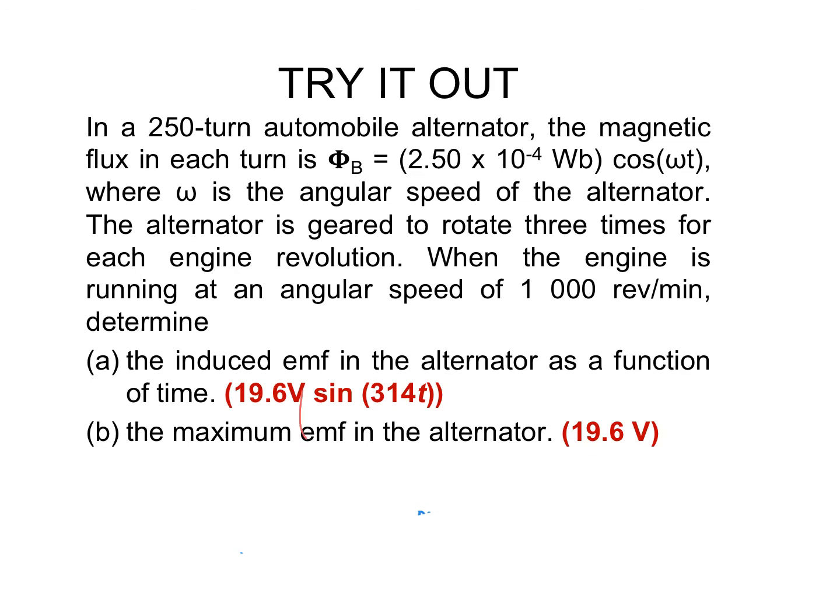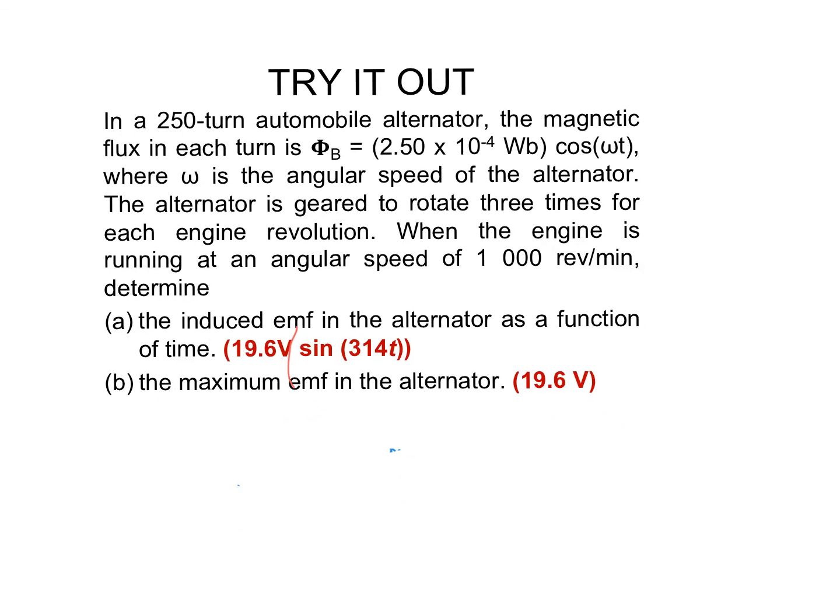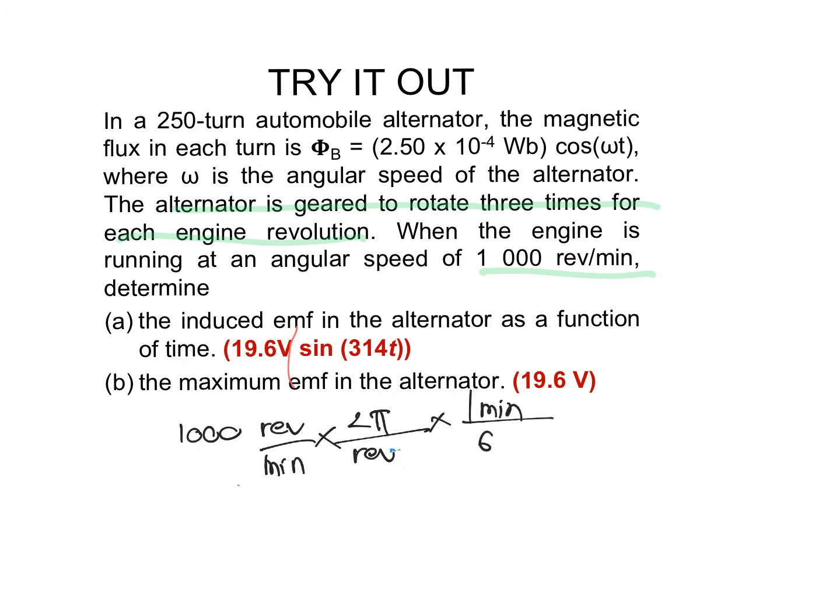But you need to read the question carefully, because the question states that the alternator is geared to rotate 3 times for each engine revolution. That means for one engine revolution of 1000 revolutions, you need to multiply by 3. So 1000 revolutions per minute: 1 revolution is 2 pi, and 1 minute is 60 seconds.